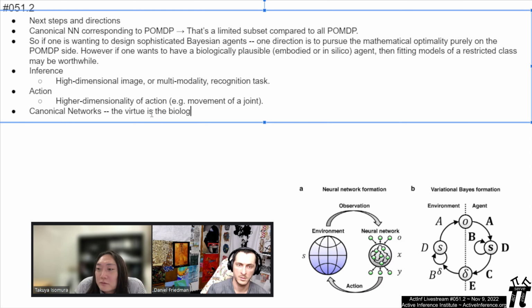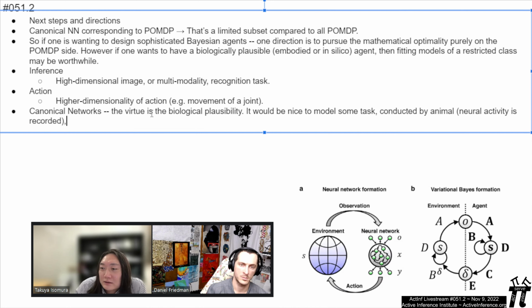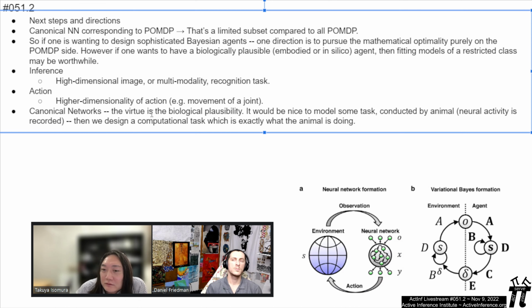It would be nice if we model some task which is conducted by a real animal, where one has already recorded some neural activity, brain activity, then we design a task which is exactly the same as the task done by the animal, and compare the simulated agent and empirical data to discuss the similarity or difference between the simulated agent and the real animal. That would be a very interesting direction of research.